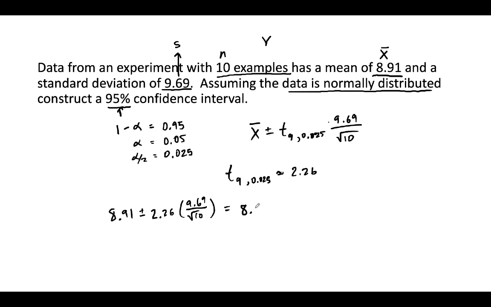After a little bit of calculator work, I get 8.91 plus or minus approximately 6.925, and that gives me an interval of approximately 1.98 to 15.8. So I have 95% confidence that my actual mean is in this range.